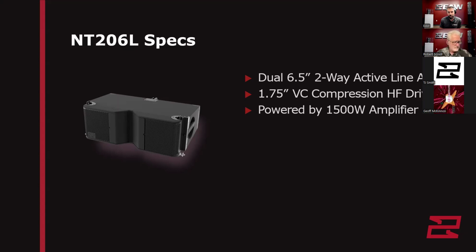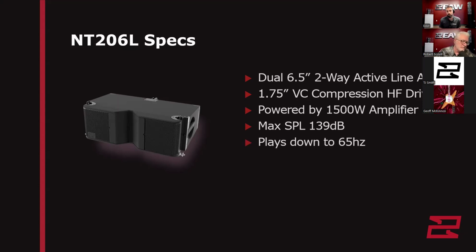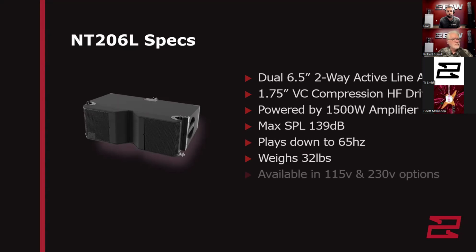Again, this is inside of the cabinet. A max SPL of 139 decibels. Again, it plays loud. It plays low down to 65 hertz. It's lightweight, weighs 32 pounds, and it's available in 115 and 230 volt options.